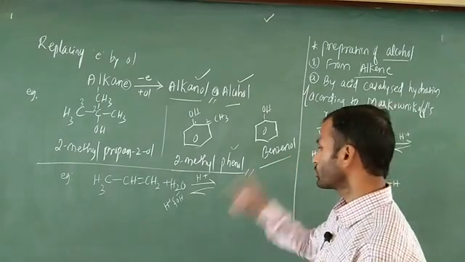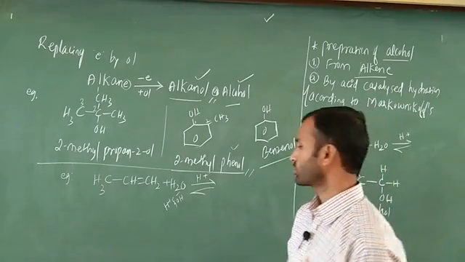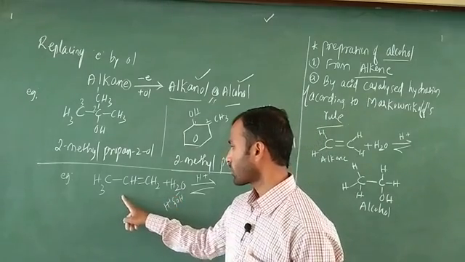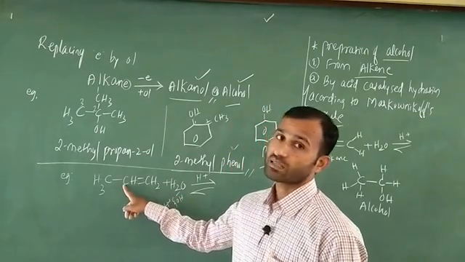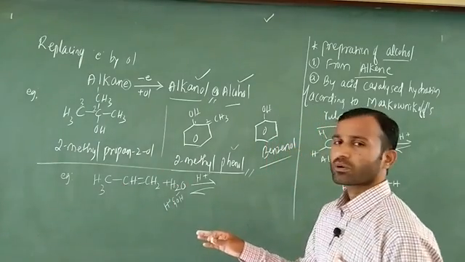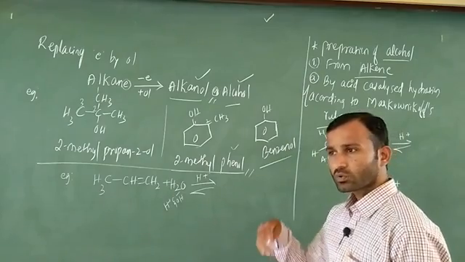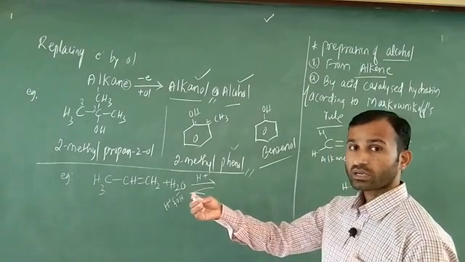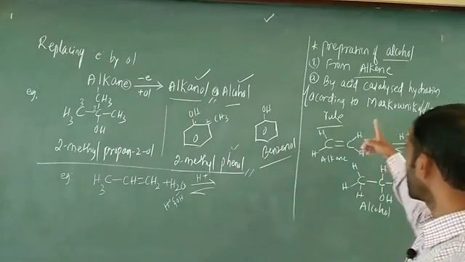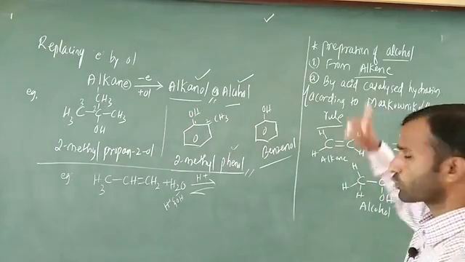According to Markovnikov's rule, the nucleophile is going to attack the carbon containing less number of hydrogen, that is Markovnikov's rule. Anti-Markovnikov's rule is completely opposite. The incoming nucleophile is going to attack the carbon containing more number of hydrogen, that is anti-Markovnikov's rule. But in this case our title is Markovnikov's rule.